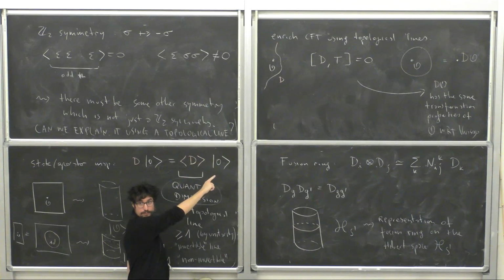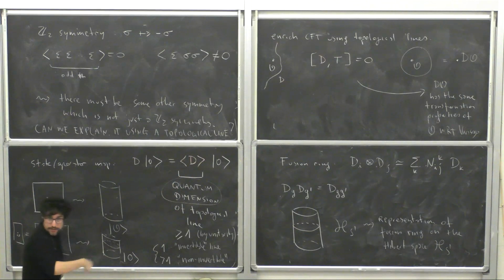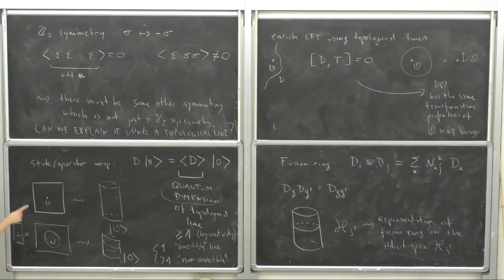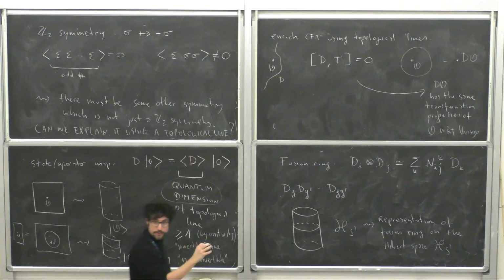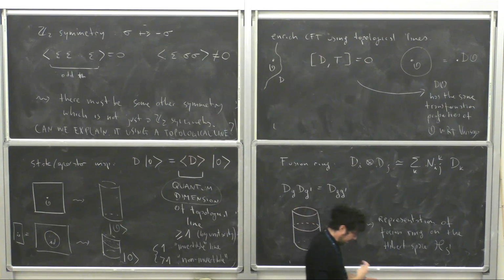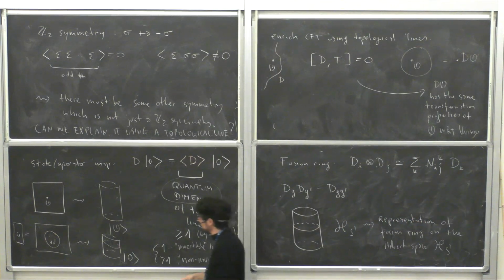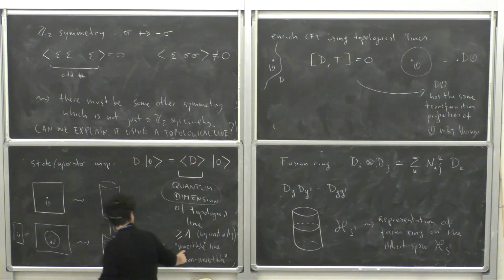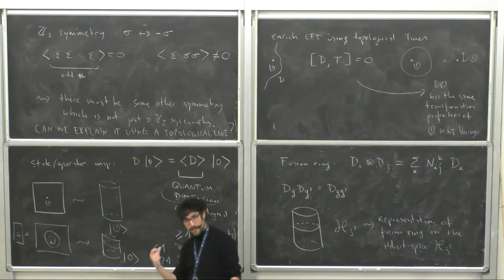And for this reason, the vacuum must transform like this with respect to the insertion of a topological defect line. The eigenvalue is the quantum dimension of the topological line operator. If it is an ordinary symmetry, so an invertible line, you just get 1. Otherwise, you get a rescaling.